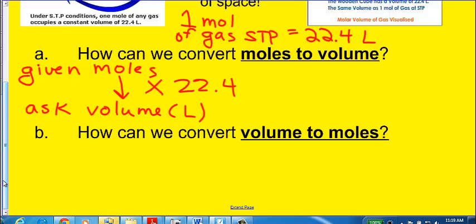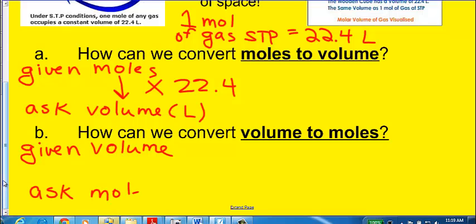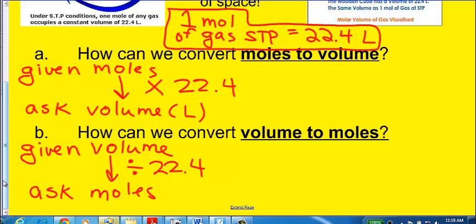However, if you're going the other way, if you're given volume and they ask you for moles, well then you're going toward moles, so you would divide by 22.4. If you don't have a gas at STP, you cannot use this relationship. So this is super important.